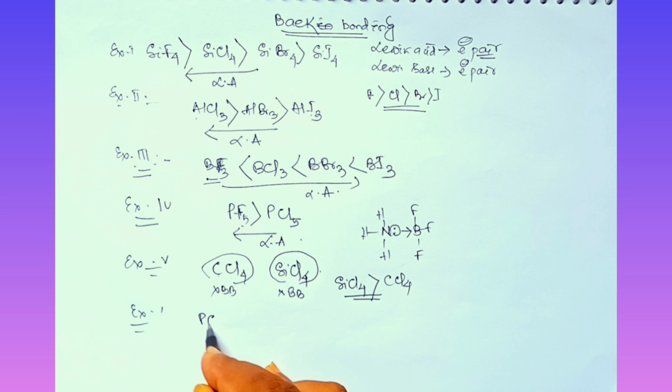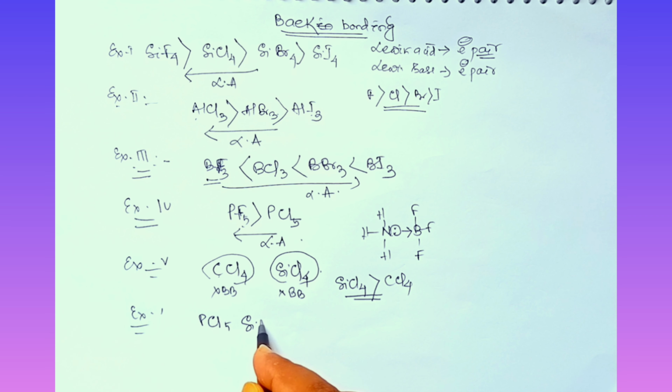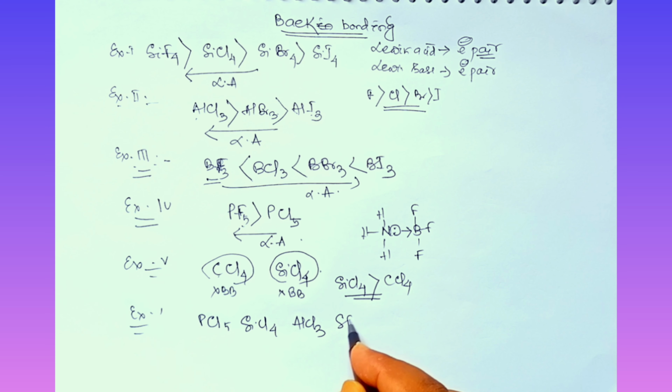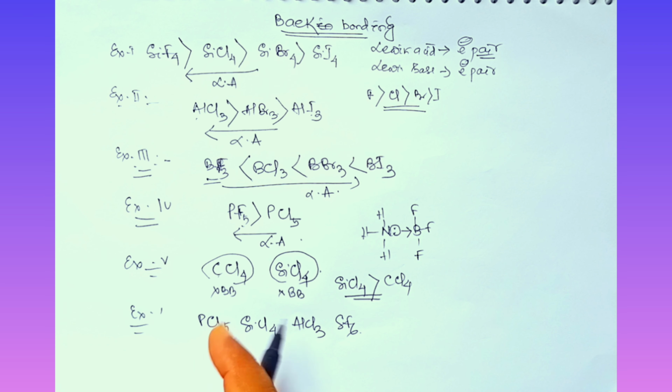Suppose PCl5, SiCl4, AlCl3 and SF6. Here they belong to phosphorus, silicon, aluminium, sulfur. They belong to the third period, so there is not so effective back bonding, so we will not consider the concept of back bonding here.